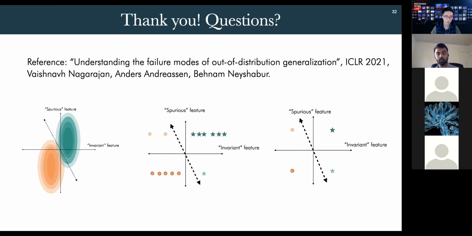But in a more general situation, and definitely in the case of neural networks, I don't think a simple form of regularization is going to resolve any of this. The way that people typically try to address this is by imagining that you have data that comes from different domains with varying levels of spurious correlation, and by somehow enforcing some sort of invariance across these domains, like enforcing that the representation in one domain is very similar to the representation in another domain.